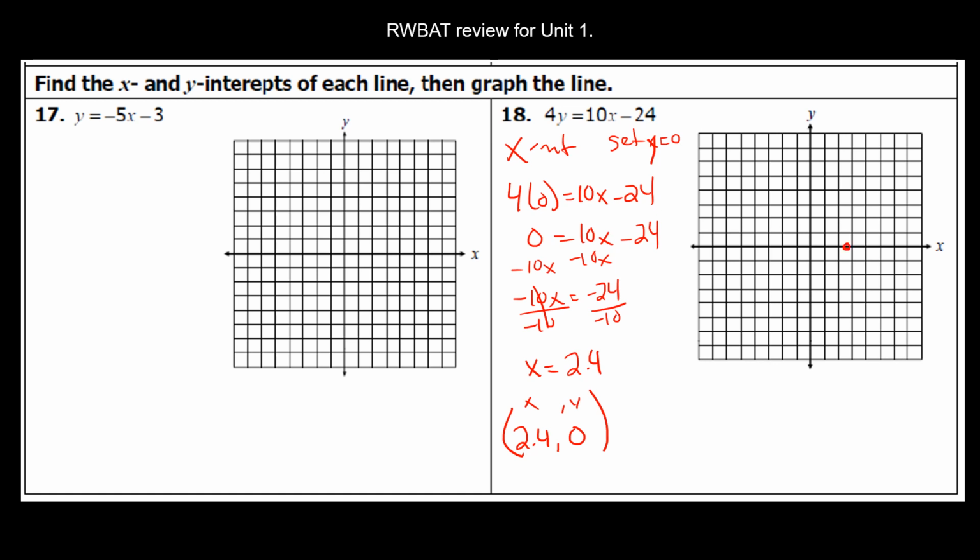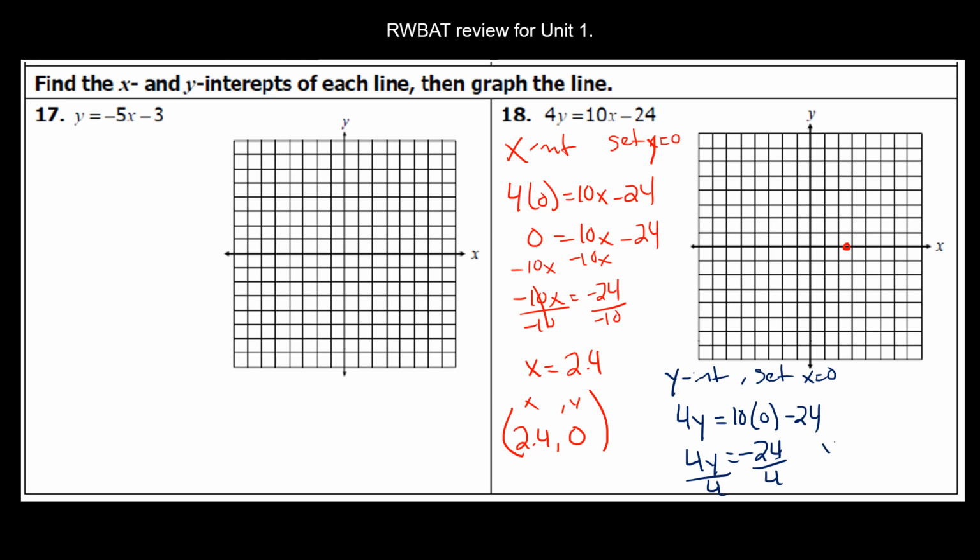Let's do the y-intercept. So we're going to set x equal to 0. So we're going to say 4y equals 10 times 0 minus 24. We get 4y equals 10 times 0 is 0 minus 24. Divide both sides by 4.